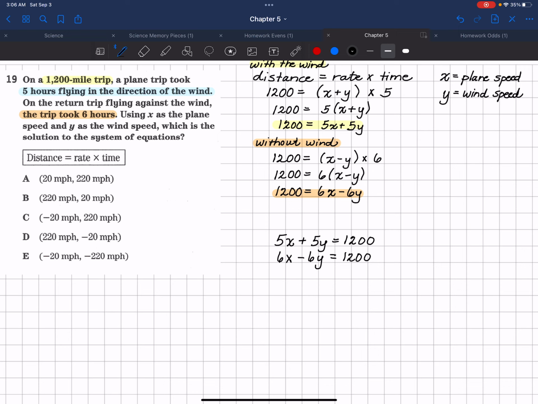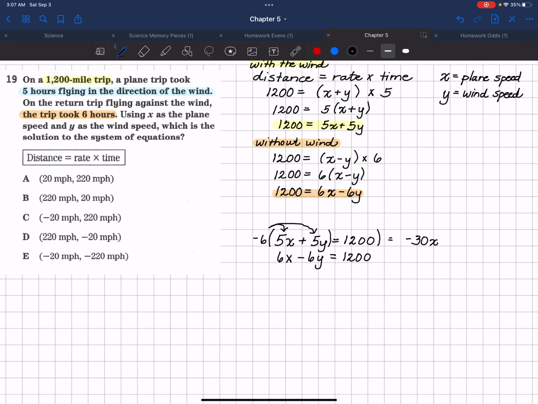Okay, so we have to get these onto equal terms. I don't see a factor that would easily do that, so I'm going to take this first one, and I'm going to multiply it by -6. So I would have -6 times 5 is -30, and that one's carrying an x.